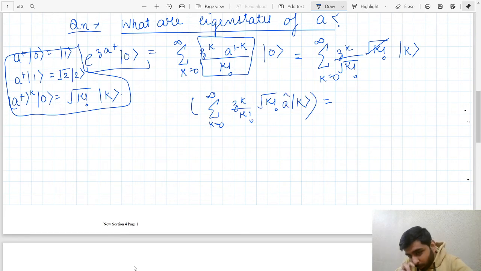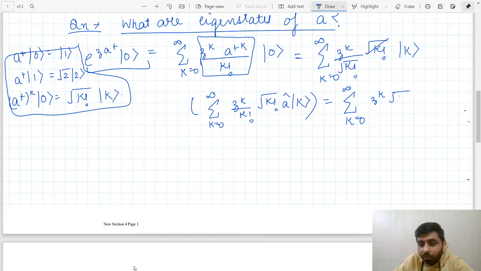Okay, so now what does this do? So k equals 0 to infinity, z to the power k, square root of k factorial, square root of k, and the state k minus 1, and then k factorial up.